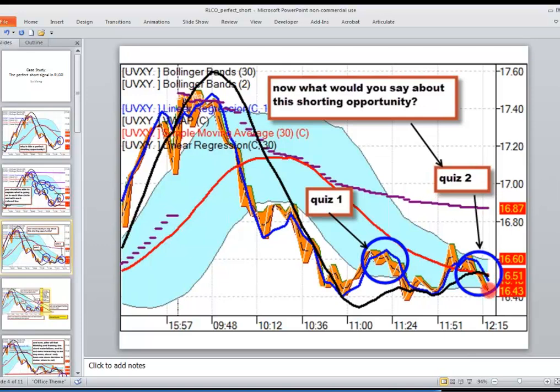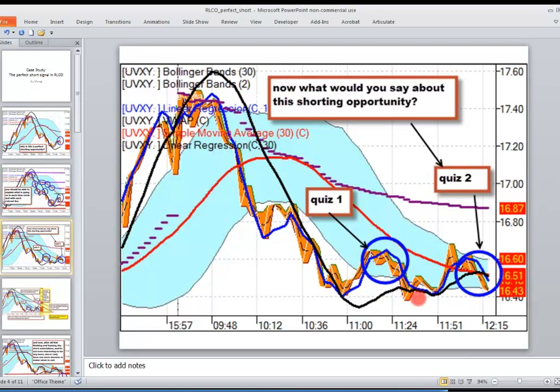You have price leaving the river. You have the 30-period regression line rolling over. You have the 10-period regression line rolling over. You still have a downward slope in the Bollinger Band mean. You have the narrow river right here. You can consider that to be a breakout from a sideways quiet channel, or just a continuation of this downside move. This is another brilliant short side opportunity.